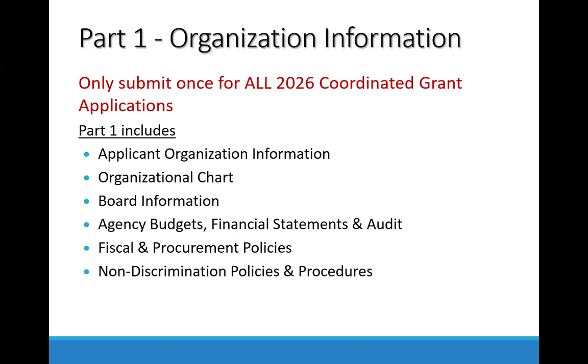Part one is the applicant organization information, organizational chart, your board information, agency budgets, financial statements and audit, fiscal and procurement policies, and non-discrimination policies and procedures.